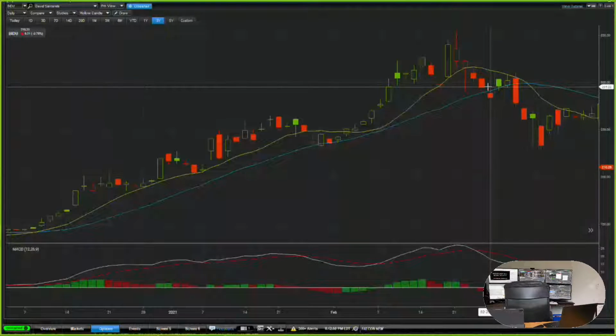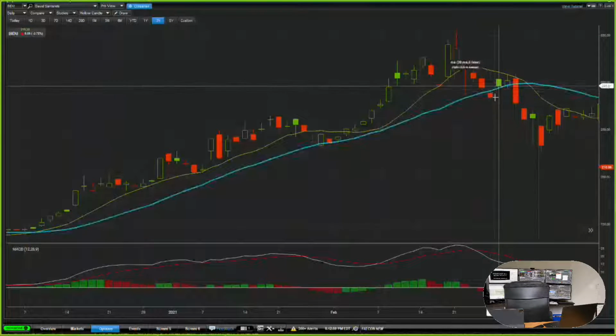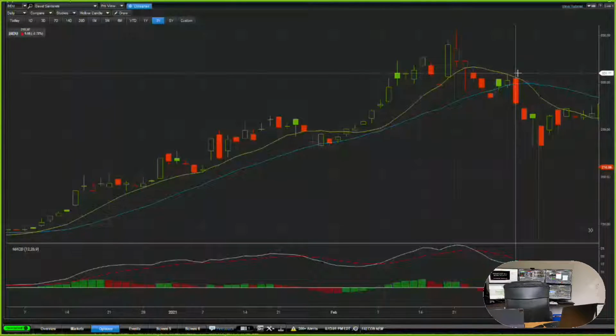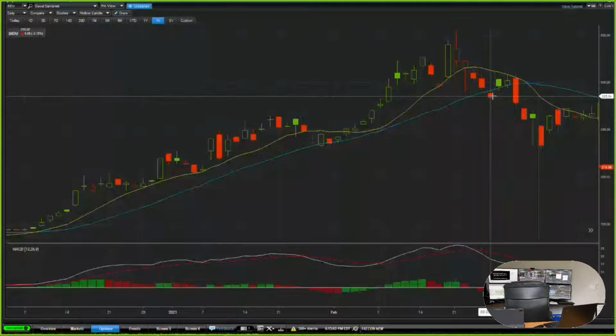So right in between the top and bottom there, it's right in the middle, because that's where it closed. And that's what we're looking for, a candle closing below that 20. It ended up climbing a little bit there, but here's where it was at on February 26th.